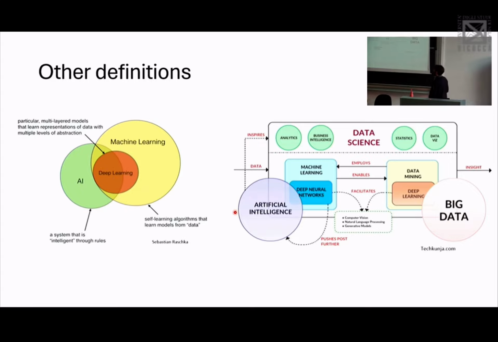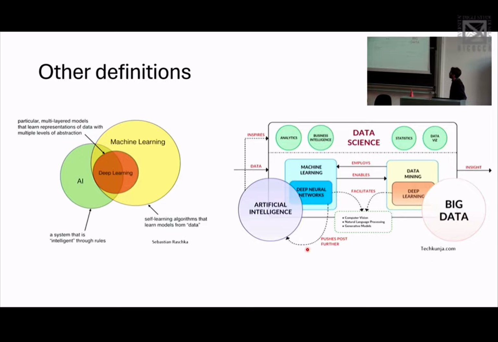You have probably seen multiple variations of that previous graph. Deep learning can be seen not just as the smallest ensemble, but as the intersection between machine learning and AI, where in this case you define AI as a system that is intelligent using rules, while machine learning is a self-learning algorithm that learns a model from the data.